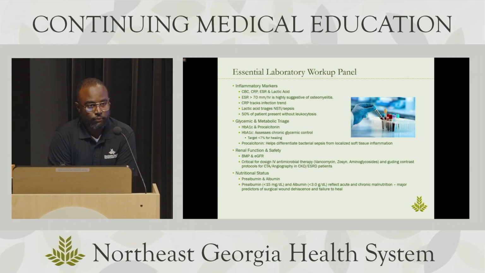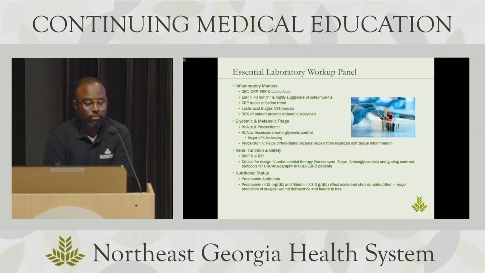Personally, I would like to avoid any acute kidney injury. So, vancomycin may not always be appropriate for the patient as a broad spectrum. And if you're not comfortable making that decision, that's where we get our infectious disease colleagues involved. The prealbumin and the albumin workup also is important to allow us to evaluate the patient's ability to heal.